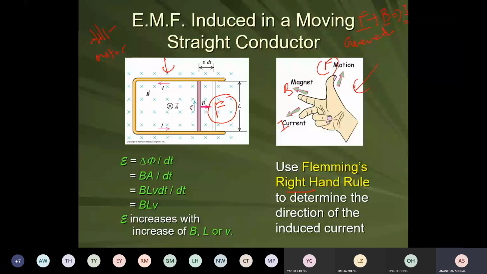Your middle finger, the current, should point upwards. The current in the moving bar should flow upwards. So it completes the circuit, and the current will flow in an anti-clockwise direction.